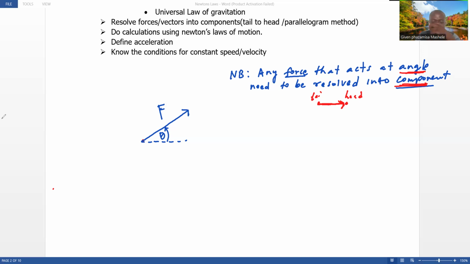Let's do this. I want us to have tail-to-head here. Already this is my tail, and this is the head. So I want to use the tail-to-head method. And if I want to see that I've done it correctly, here I must have two tails, and here I must have two heads. To do that, if I want two tails, already there's a tail, it means I have to put another one here and say, okay, tail to head.